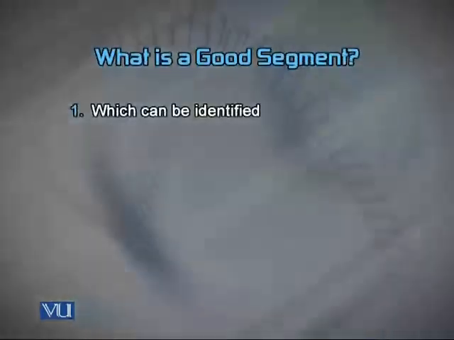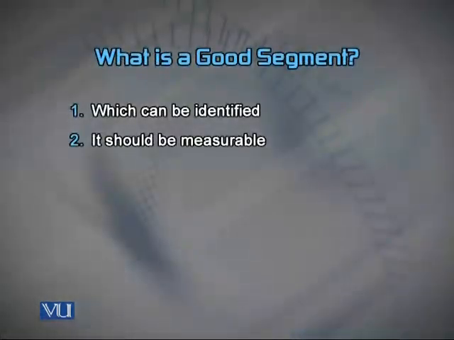But before we can establish the target, we need to be able to explain what is a good segment. A good segment logically would be one which can be identified. Very simply, we have already discussed the various frames under which identification can take place using all the bases. The second is that it should be measurable, which means you should be able to define its boundaries very categorically and then use it to forecast demand for your product within a particular area.